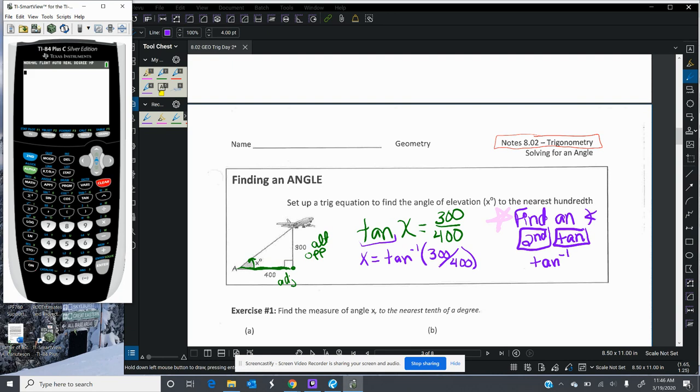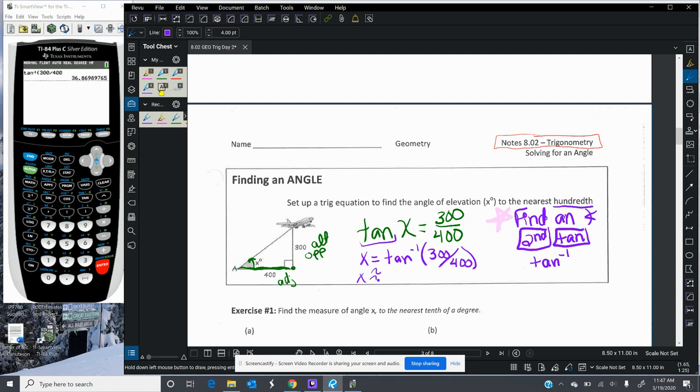We'll clear out our line. Again, we had our second button first, then tangent. You can notice in blue above your tan button, it says tan to the negative 1, of 300 divided by 400. And hit enter. That measure there is now going to be an angle. It does ask us to round to the nearest hundredth, so I just had to double check.